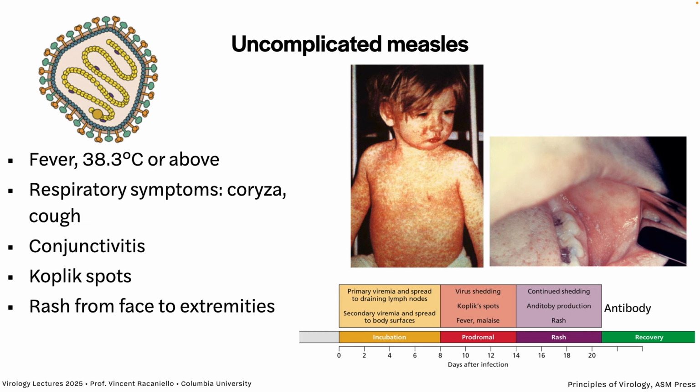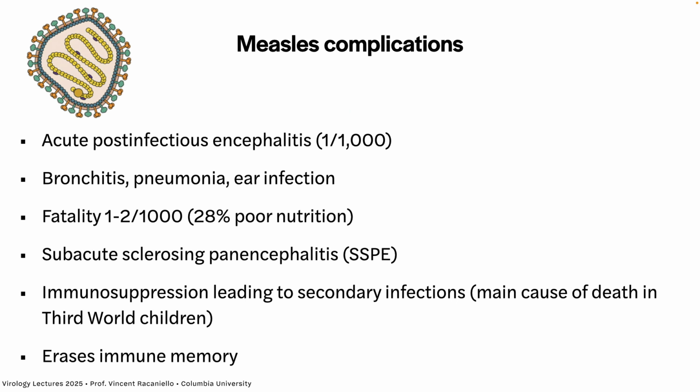And then you have the rash at day 14, and you continue to shed, and then eventually recovery. So you can be around other people for quite a while and shed virus without being symptomatic, and that's what happens in these outbreaks. That's what happens in Texas. Kid gets measles. It's okay, he's shedding virus, goes, plays with other kids, the other kids get measles too. Because they're all unvaccinated, of course.